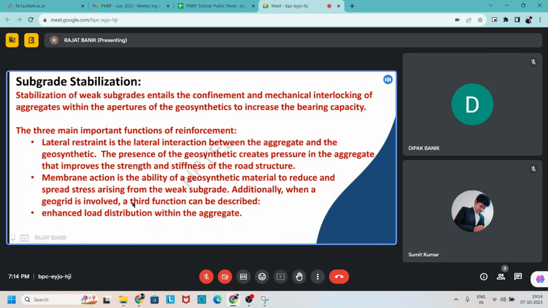The membrane action is the ability of the geosynthetic material to reduce spread stress arising from the weak subgrade. Additionally, when a geogrid is involved, a third function is to be described.